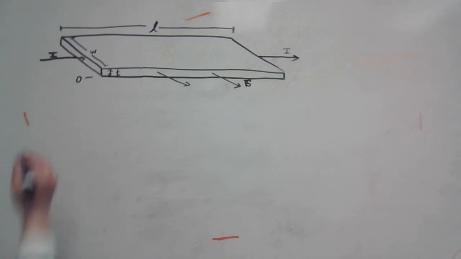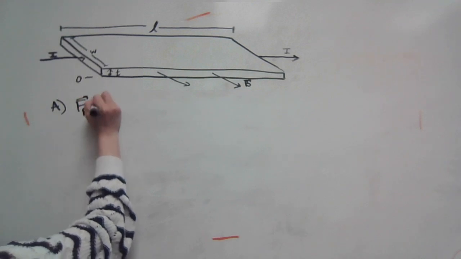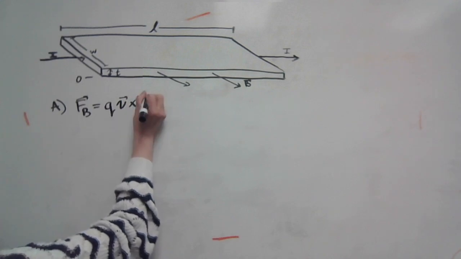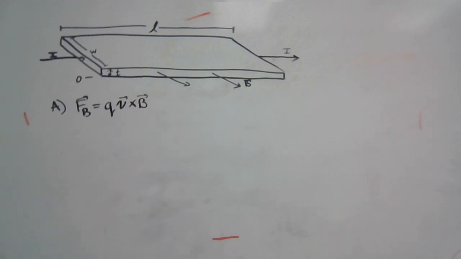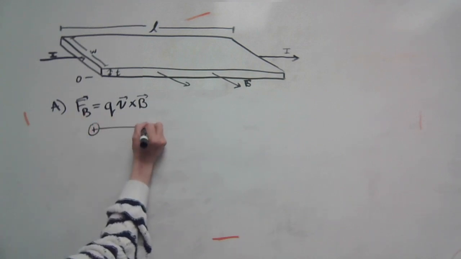So let's write down the equation of the force due to the magnetic field. Force due to the magnetic field is qv cross B. And the question specifies that the moving charges are positive. Conventionally, the direction of the current is the direction that positive charges move, and we have current going to the right, which means these positive charges are moving to the right.